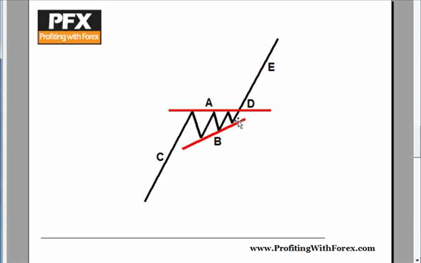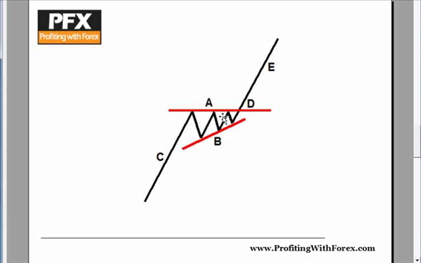And one more variation of these continuation patterns that we see is a triangle. In this case, we have a horizontal level of resistance and an uptrending level of support. Now, I really like these.